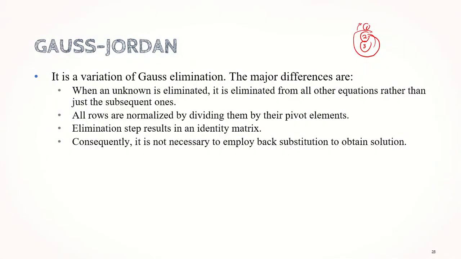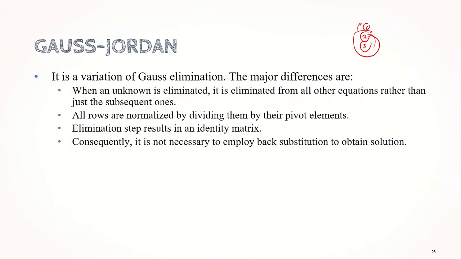So all rows are normalized by dividing them by their pivot element. This is a bit similar to naive Gauss, but in naive Gauss, we are normalizing or dividing by different values.